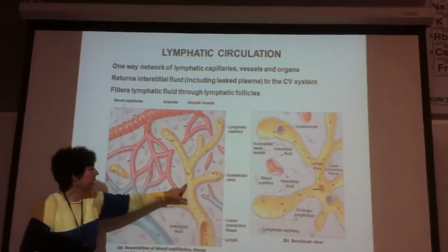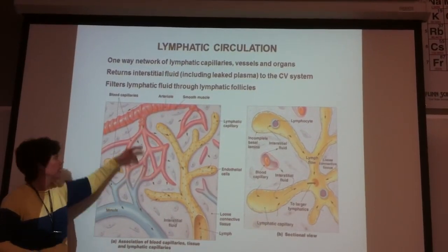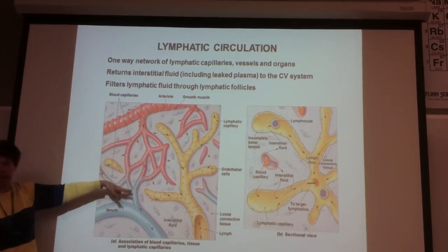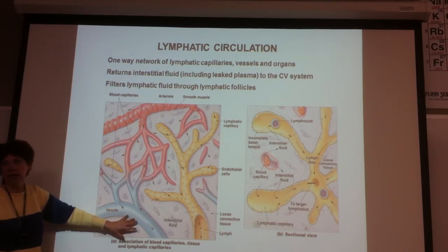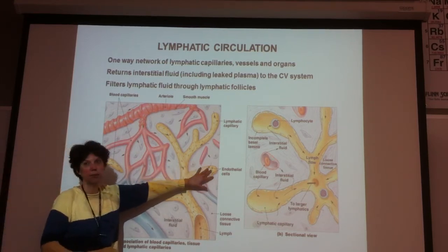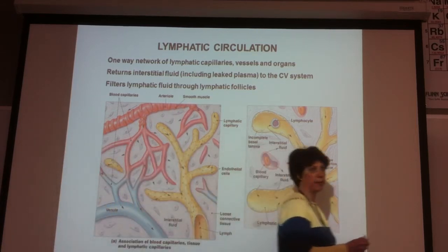We have lymphatic capillaries in the same location that we have blood capillaries. But notice that the blood capillaries are closed. They're connected to arterioles and venules at each end, whereas the lymphatic capillaries are blind-ending, and even though they look closed, they are actually open.